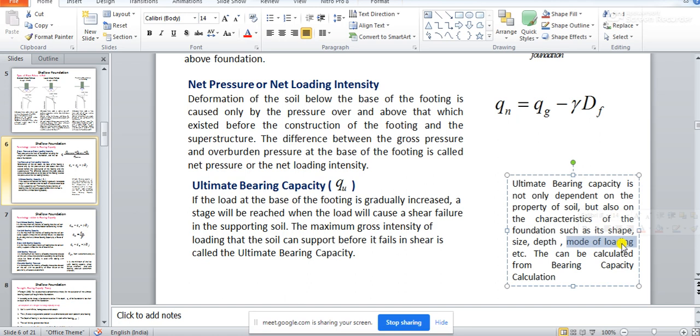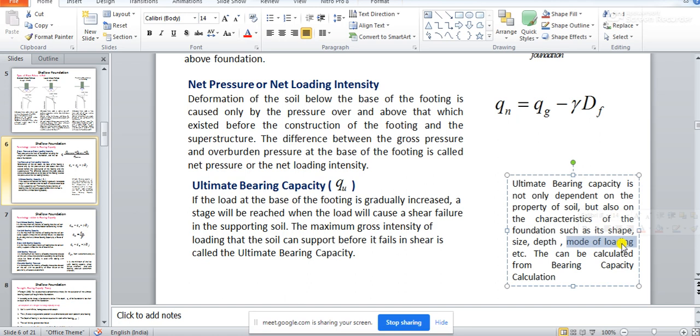That means what is the length of the foundation, breadth of the foundation, where is the foundation placed, and what is the mode of loading, how the load is placed on the foundation, whether it is vertically placed, whether it is inclined way placed, whether it is horizontally placed, and also it will depend on whether the presence of water table is there underneath the foundation or it is above the foundation level.